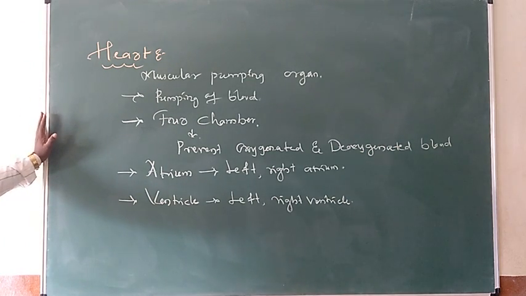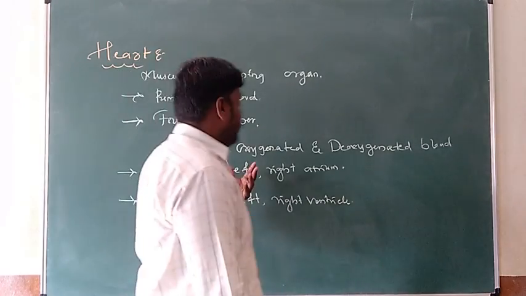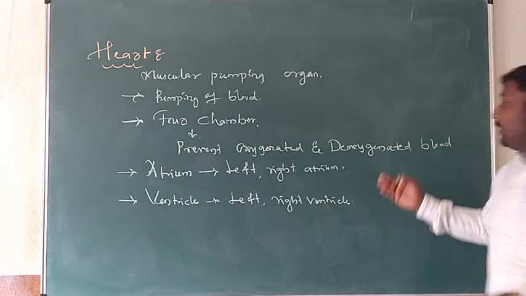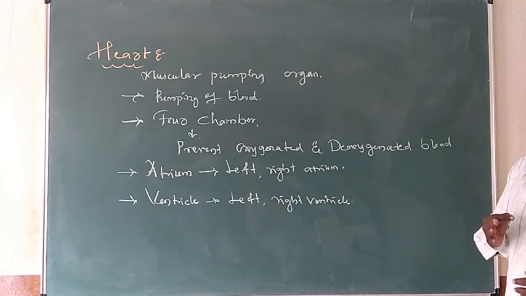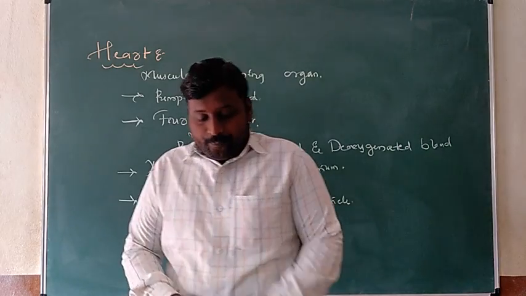What is the function of atrium and ventricle? Yes, my dear students, they both prevent the intermixing of oxygenated and deoxygenated blood in our heart. First of all, the atrium.